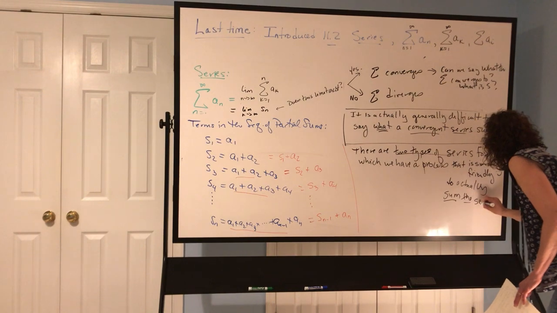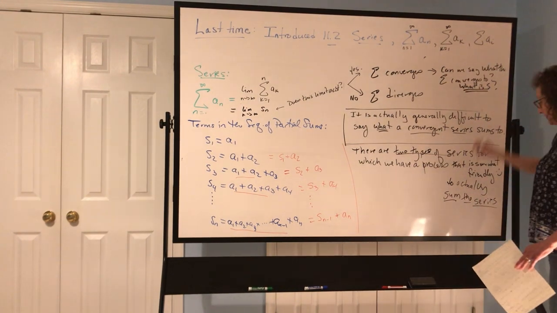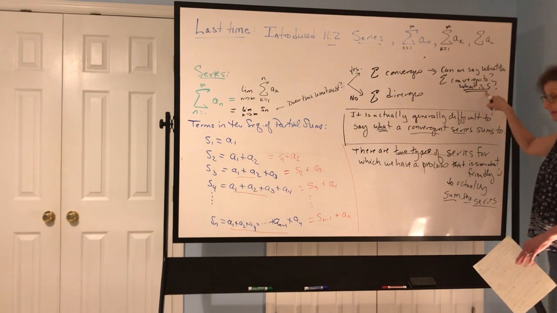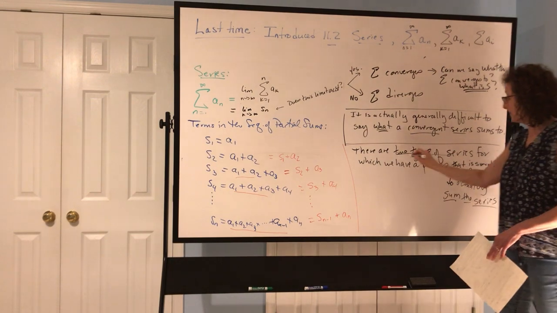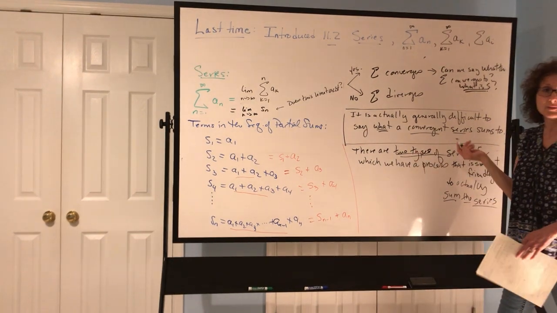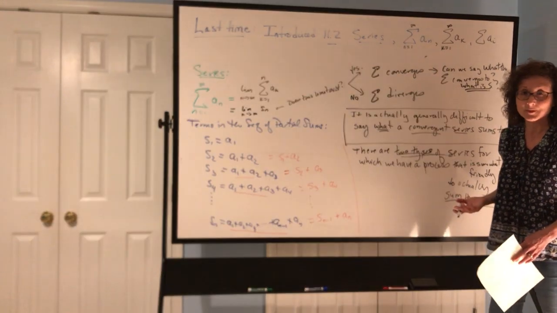When you're told to sum the series, that means find S. Sum the series means find the limit. So if you're told to sum the series, you know it's got to be one of these two types, because otherwise we'll only be able to say whether the series converges or diverges, and we're not going to be able to sum it.